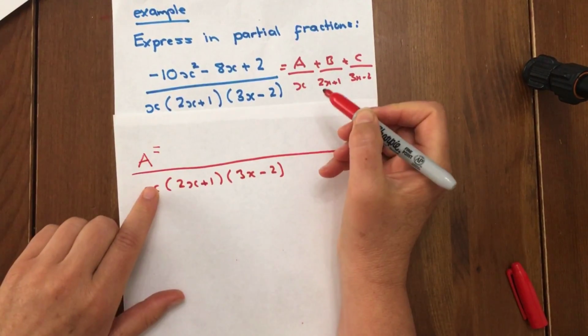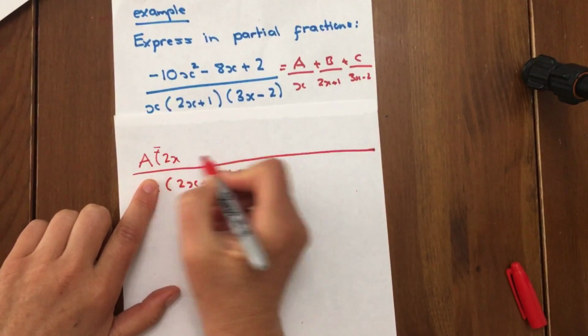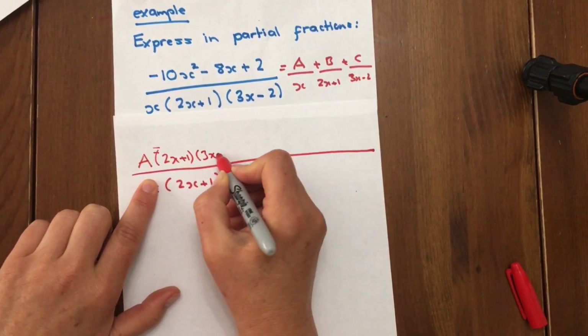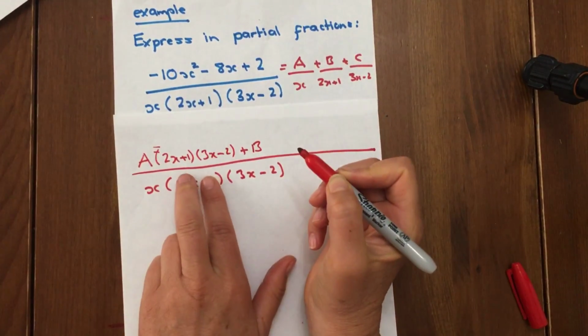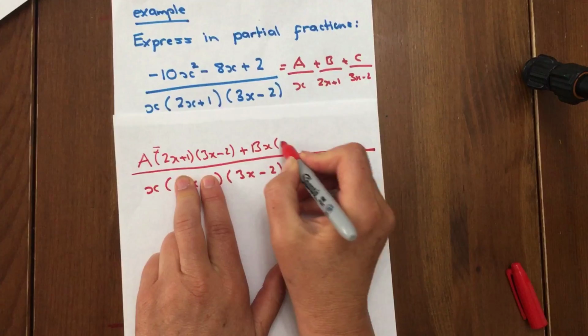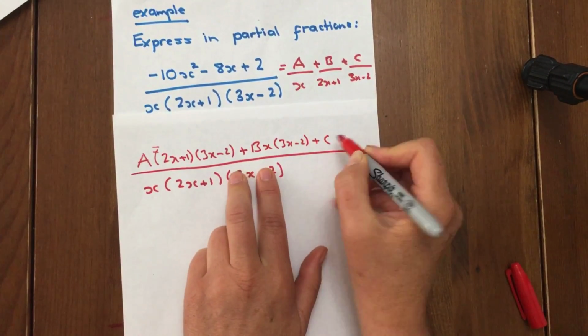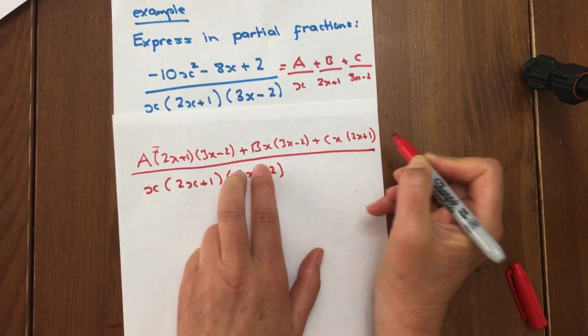So x goes into the denominator. If I just cover up x, it goes in this many times, the two factors that are left. Plus b goes into it, cover up the middle. Plus c goes into it, the two factors that are left. So that's how I do it.